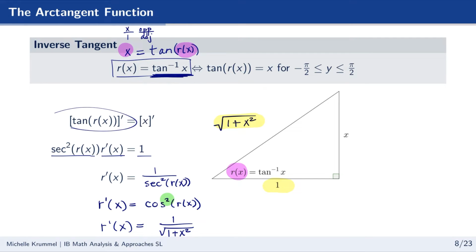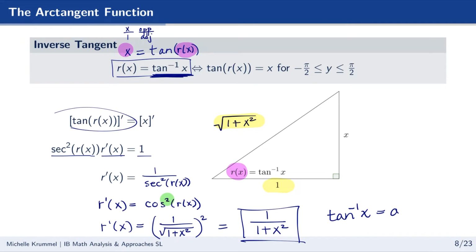We have to square the cosine of r. And when we square that, we get 1 over 1 plus x squared. That is our formula for the derivative of tan inverse x. And we can write that as tan inverse x like so, or we can say arc tan x. So the derivative of tan inverse x, or the derivative of arc tan x, is equal to 1 over 1 plus x squared.